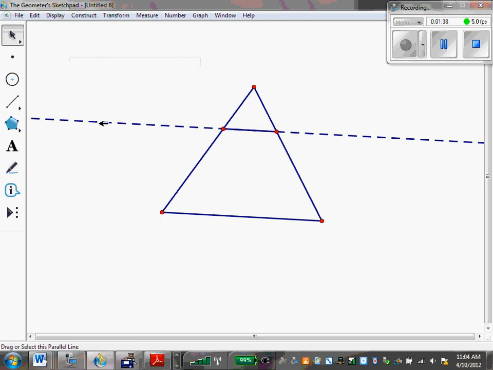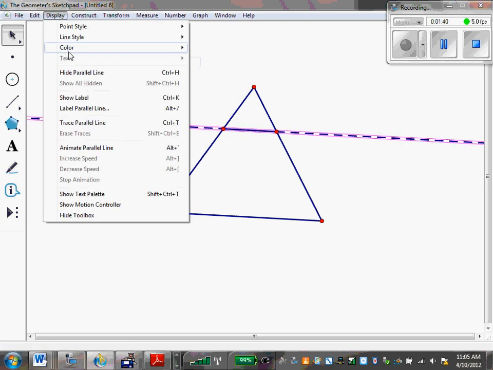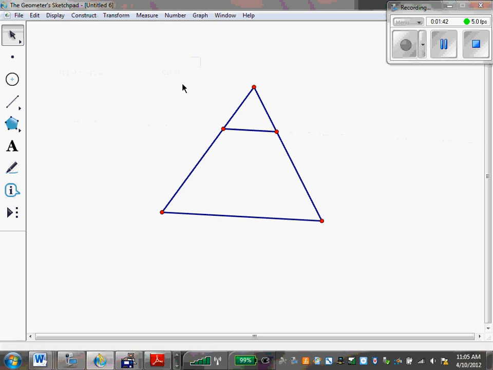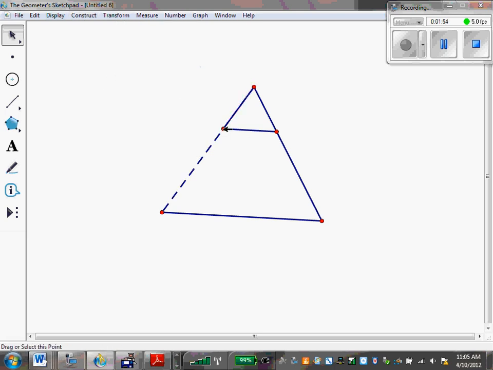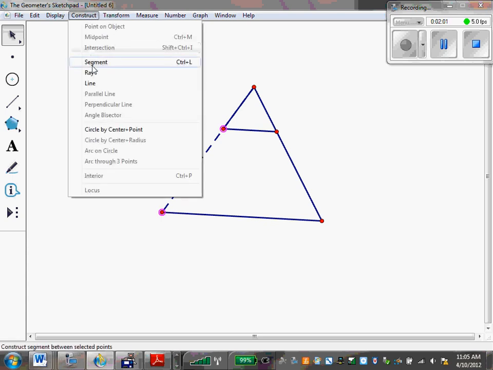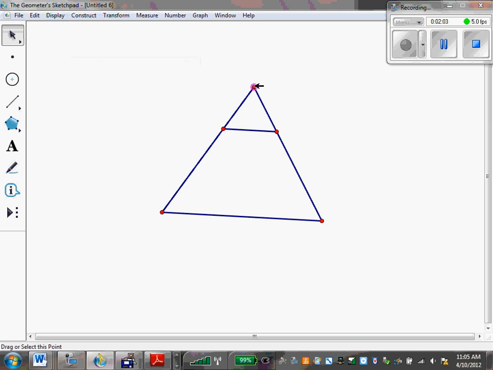And then hide the parallel line. Now I need to make these segments. So I'm going to highlight those 2 points and say construct segment. Then I'll construct this as a segment. I need to do this so that I can measure them. And we'll do the same thing on the other side.